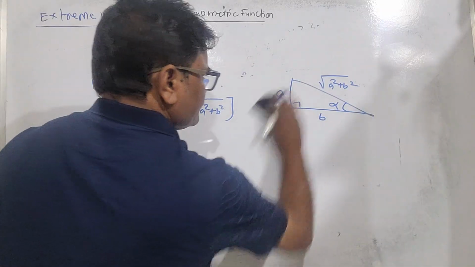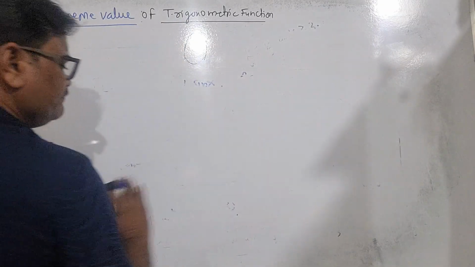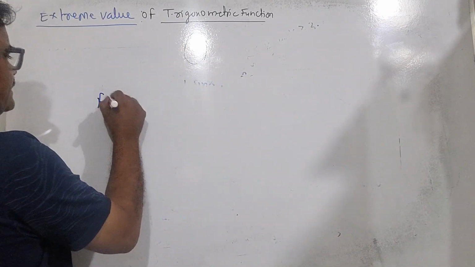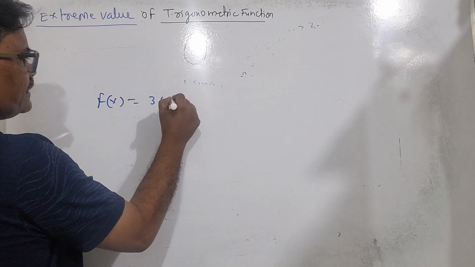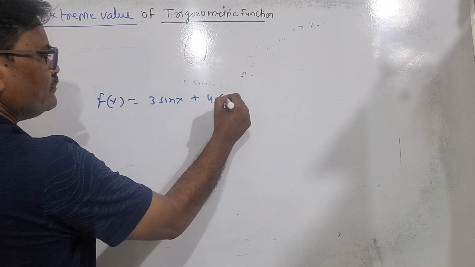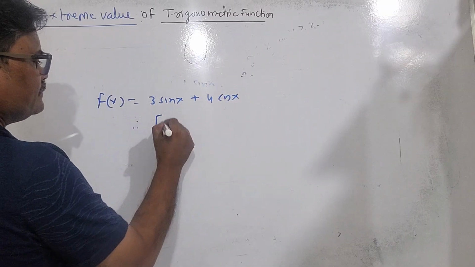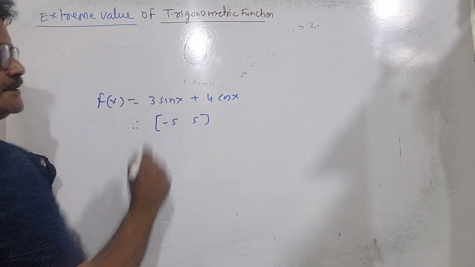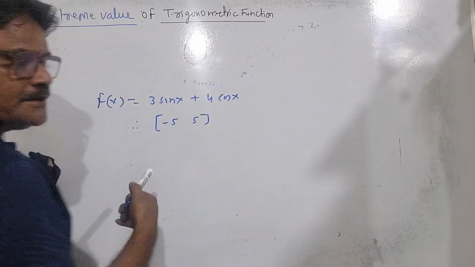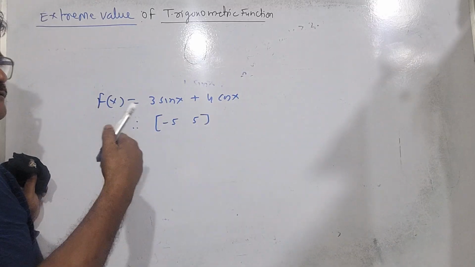So if you remember this, then you can find out easily f(x) equal to 3 sin x plus 4 cos x range. Range is minus 5 to 5. 3 square 9, 4 square 16, 16 plus 9 is 25, square root of 25 is 5.